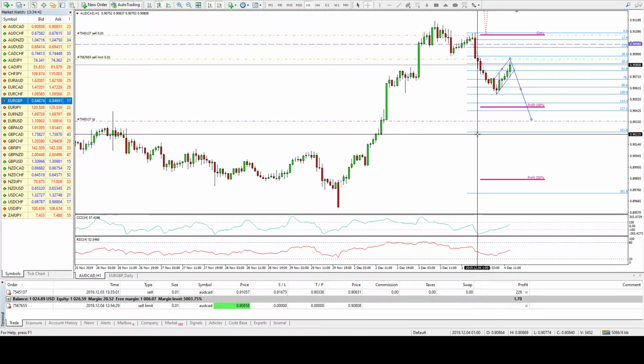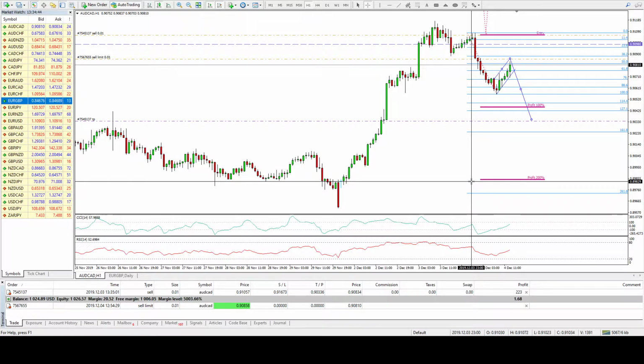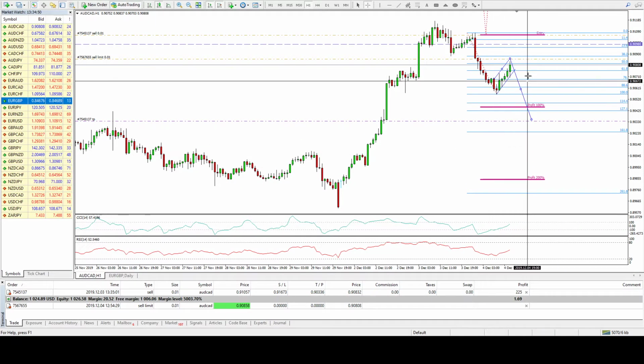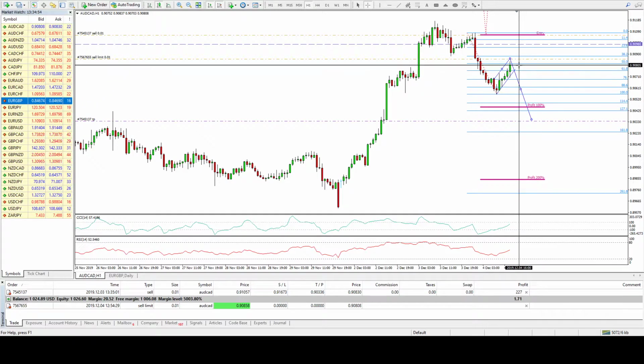Okay, let's see what happened to AUD CAD. AUD CAD reached the 50 Fibonacci, but is pulling back right now.